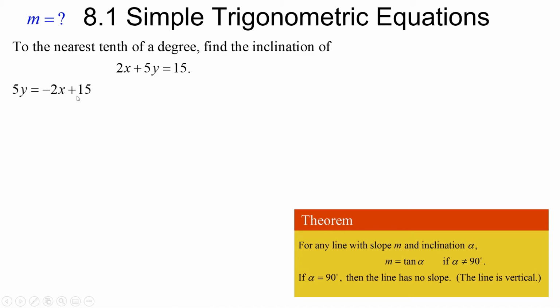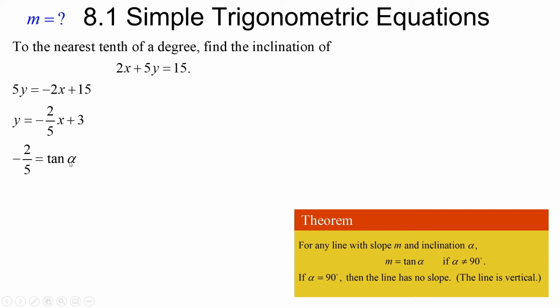And then let's divide every term by 5 to get y equals negative 2/5 x plus 3. And I hope you all see that our slope is negative 2/5. Okay? So slope has to equal tangent of alpha. So negative 2/5 has to equal tangent of our angle of inclination.